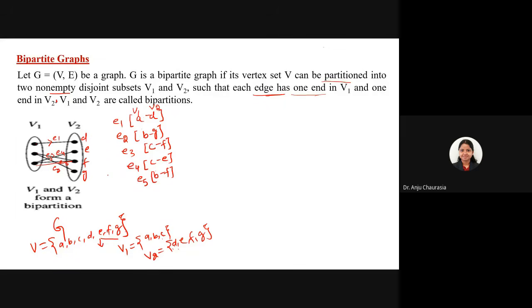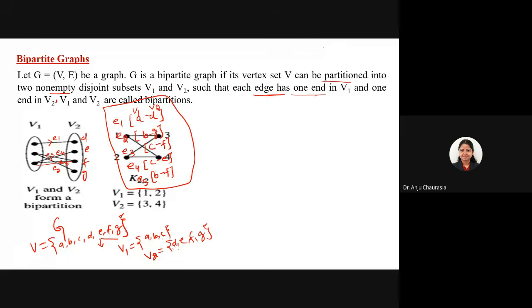Everyone got it? I am writing whatever I have explained now. If you write this down, then after one month, during your exam, that time the definition will help. Otherwise, most students get confused, in my experience.